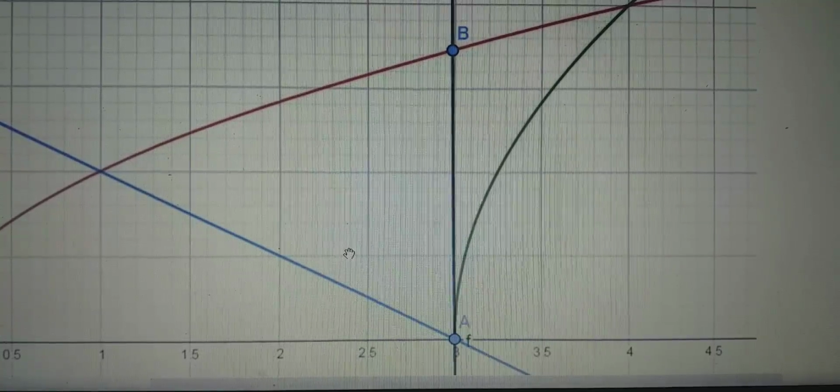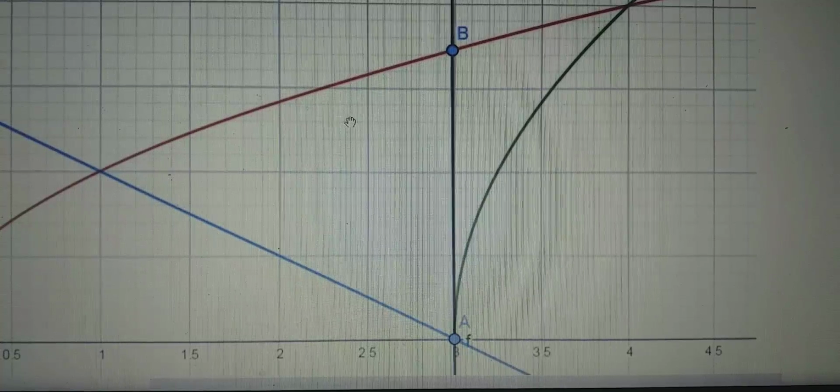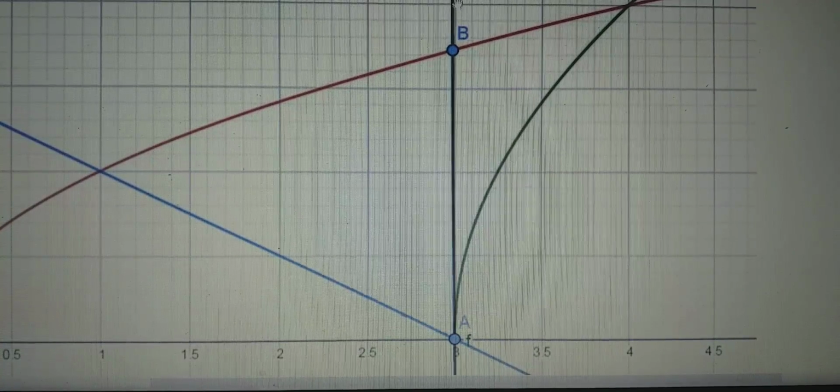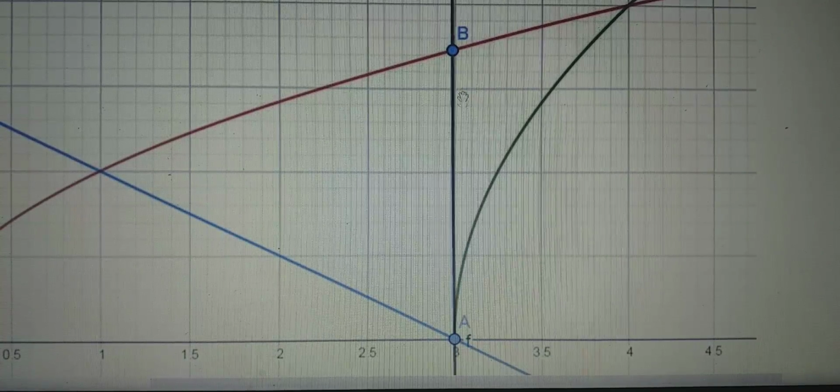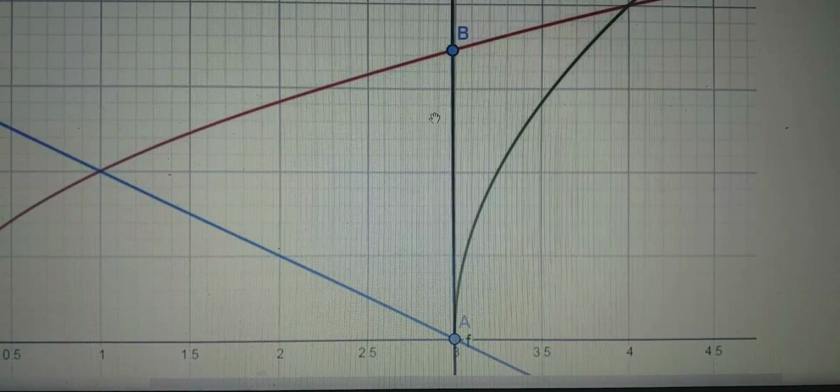For x, we will use this method, and we must break this region into two parts by the line x equals 3, because from 1 to 3 the red curve is above the blue line, and from 3 to 4 the red curve is above the green curve. So we must break it into two parts.